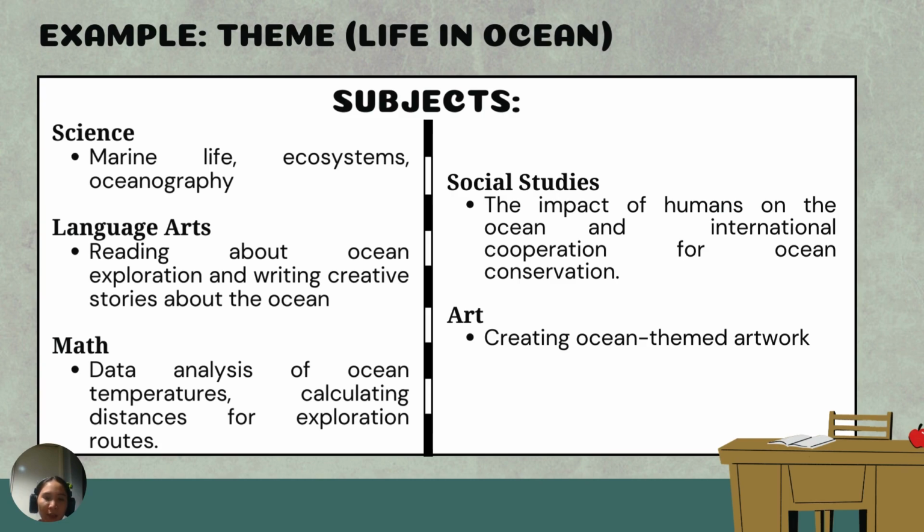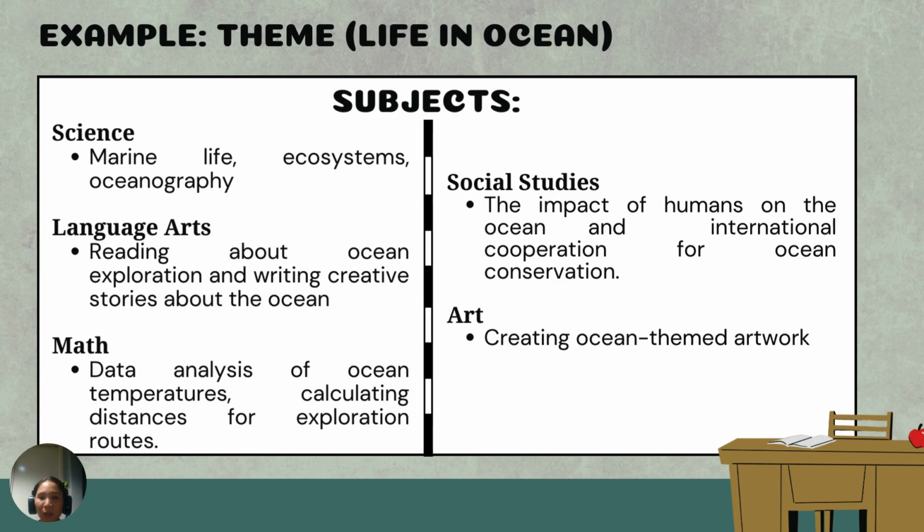In science, following this theme of life in ocean, you can incorporate in your discussion marine life, ecosystems, and oceanography, in which you allow your students to research different marine animals, adaptations, habitats, and food chains. You can also allow your students to build models of ocean ecosystems, such as models of coral reefs.